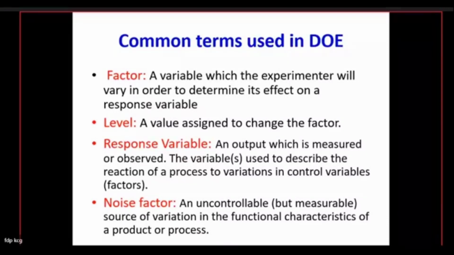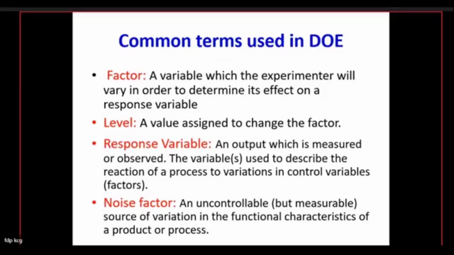When this factor is studied at different levels, as for example in the case of pH, suppose you are studying at pH 5, 7, 9 or 11, temperatures of 20, 30, 40, or inoculum, or the amount of fertilizer you are adding in the field, 1x, 2x, 3x, these variations in any factor are known as the levels of that particular factor.